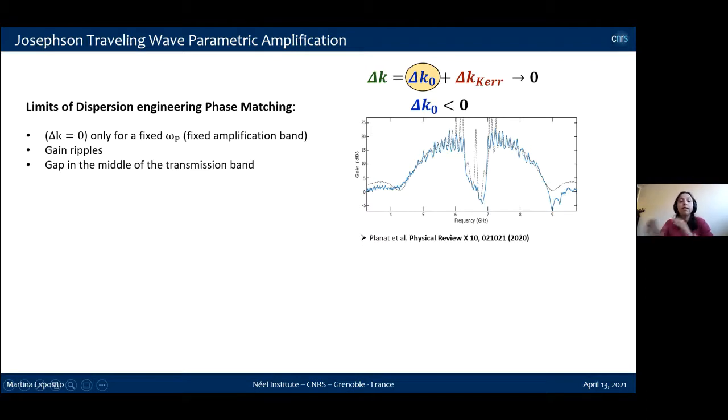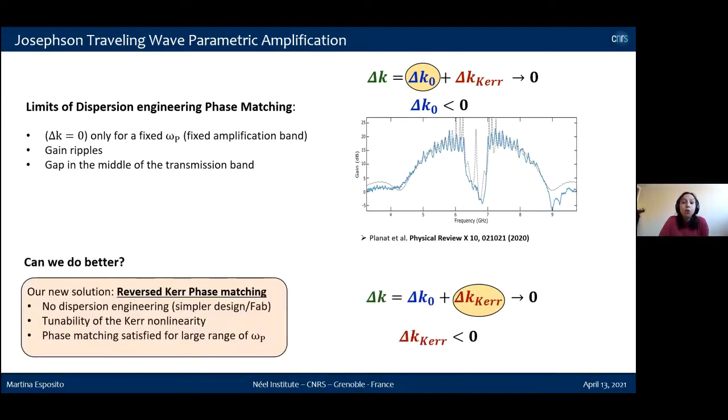In addition, the fact that you're opening this gap in the dispersion relation is also responsible for the presence of some gain ripples in the gain profile. And also you have this gap in the middle of your gain profile, which can be undesired.